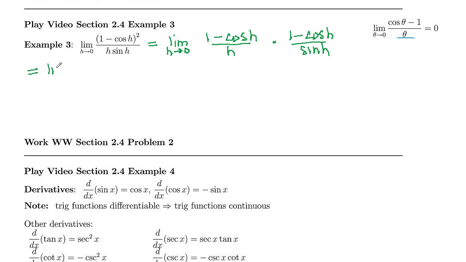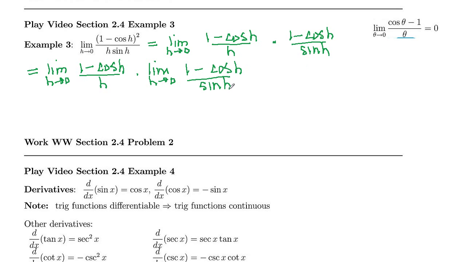So I've got limit 1 minus cosine h over h as h goes to 0 times the limit h goes to 0, and then 1 minus cosine h over sine h. So 1 minus cosine h over h, that almost looks like this.